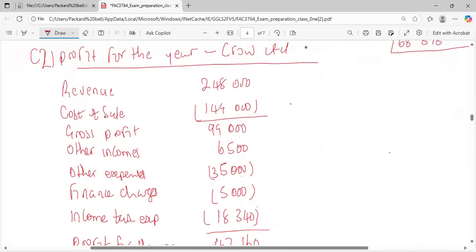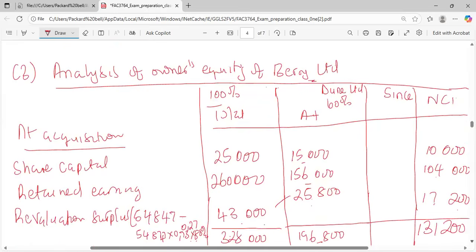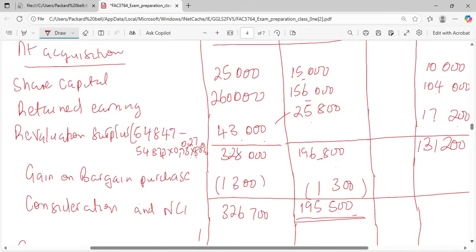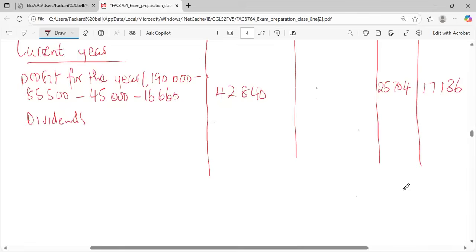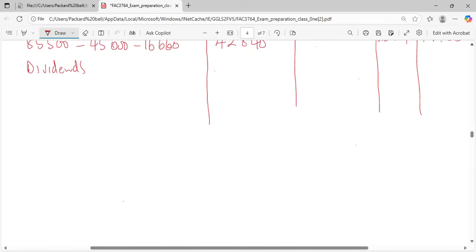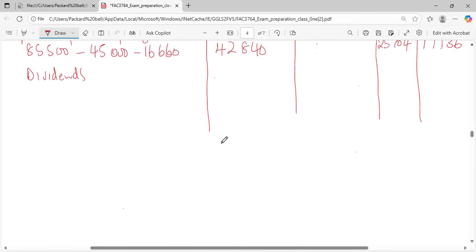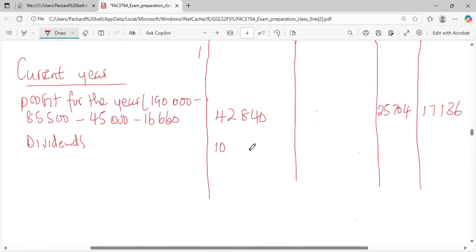Right, so which means here we come and take the dividends. So there's 10,000 here. Then 60% of 10,000, how much are we going to have there? It's going to be 6,000. Then what belongs to NCI is going to be 4,000.